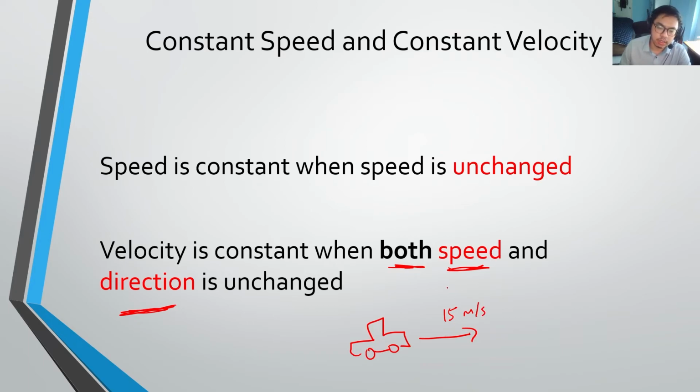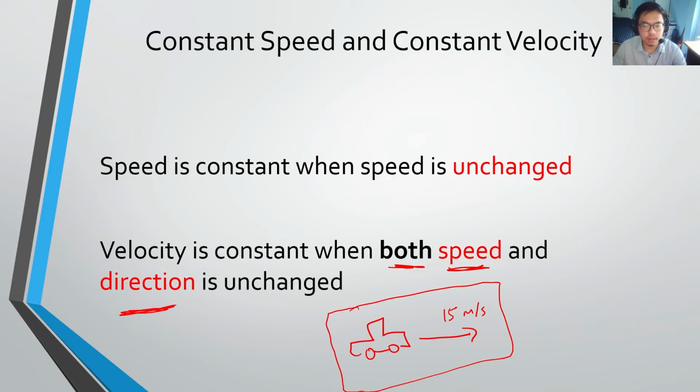Because the speed is constant, like I said, it's 15 meters per second at a constant rate. So its speed is constant in this case, and its direction is also constant because it's only moving straight. It's only moving in one direction. Its direction doesn't change. So in this case that I just gave you, this is an example where both velocity and speed is also constant.